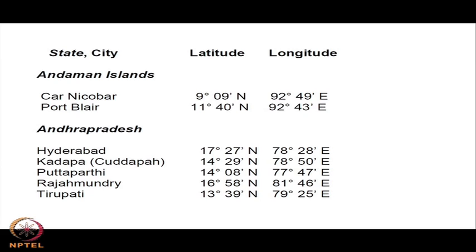I might have made a little mistake here and there, that 9 degrees 09 minutes for Car Nicobar might have been treated as 9.09 degrees, right. Still it is a small error, does not matter, but nevertheless you should understand it is in degrees and minutes, and 60 minutes is 1 degree.